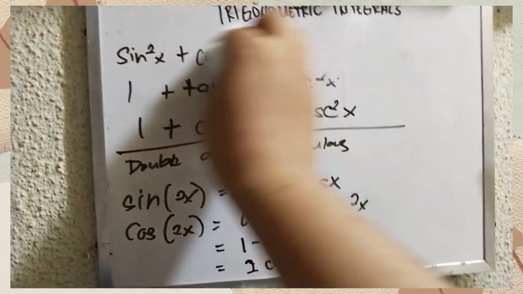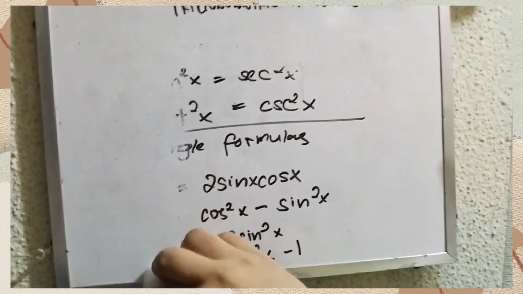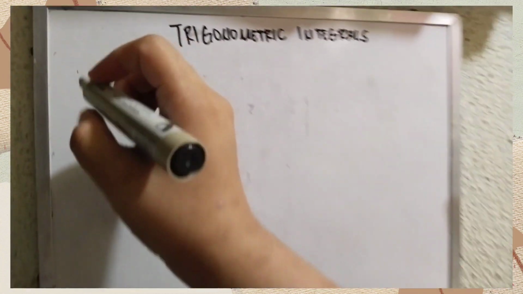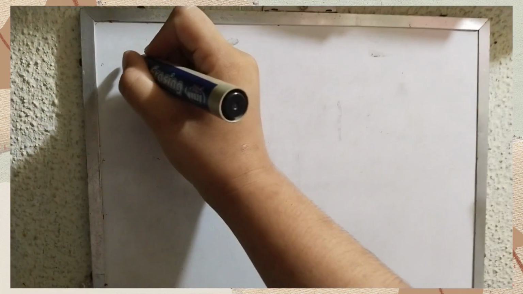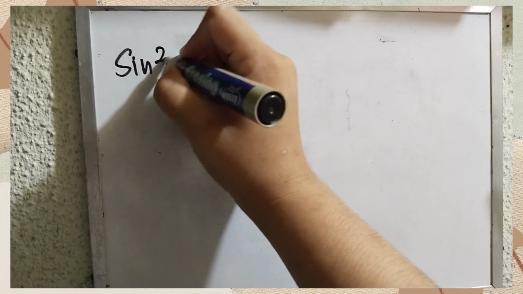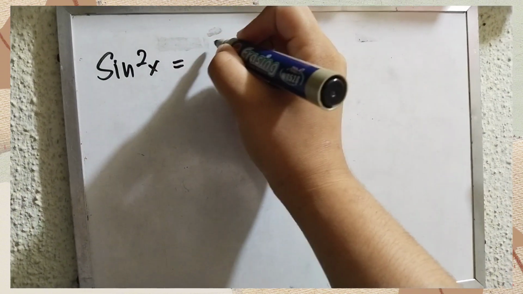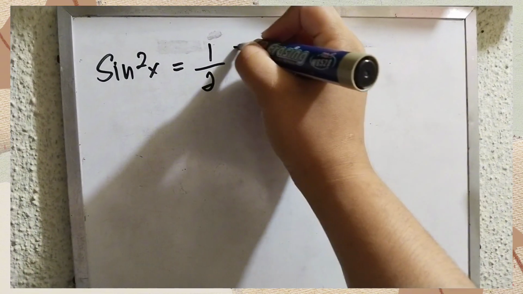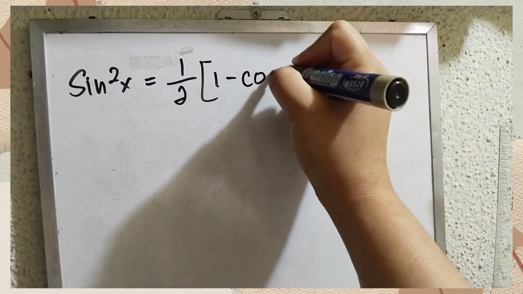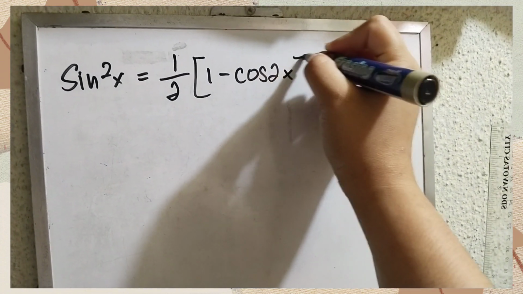Okay, next, we have what we call power reducing formulas. So what are those power reducing formulas? We have sine squared x is equal to 1 over 2 multiplied by 1 minus cosine 2x.